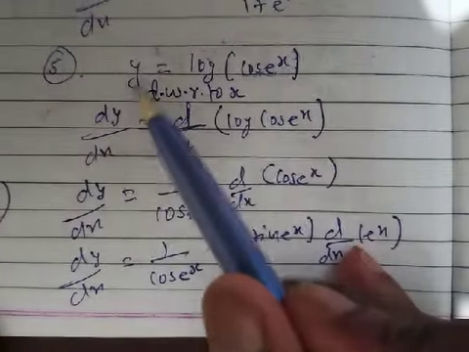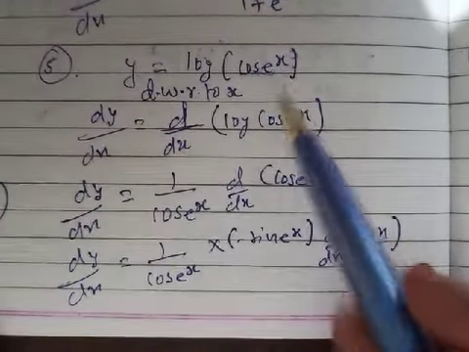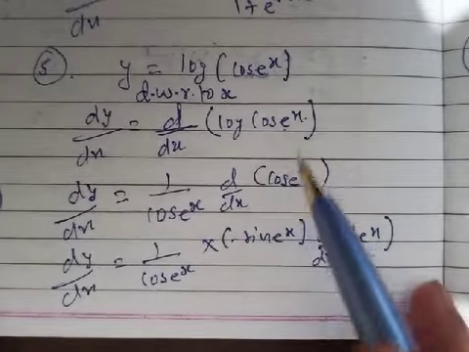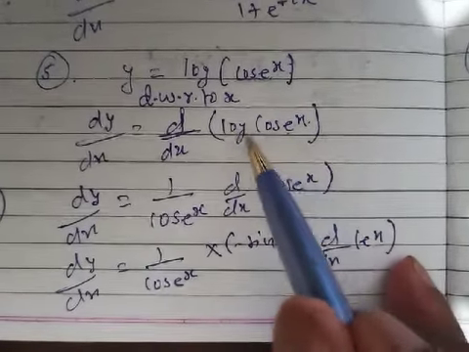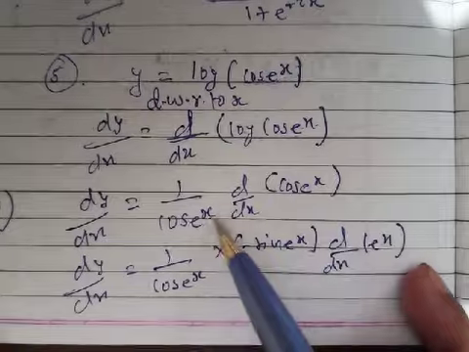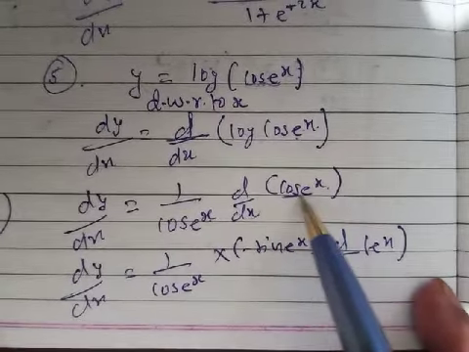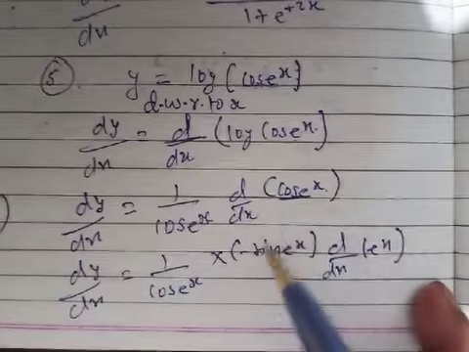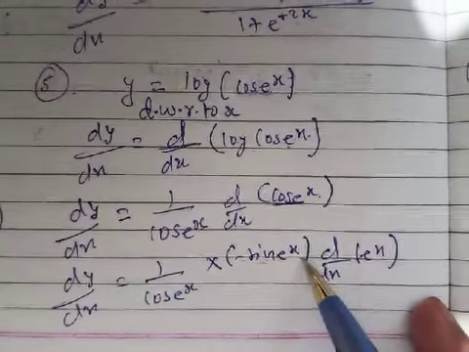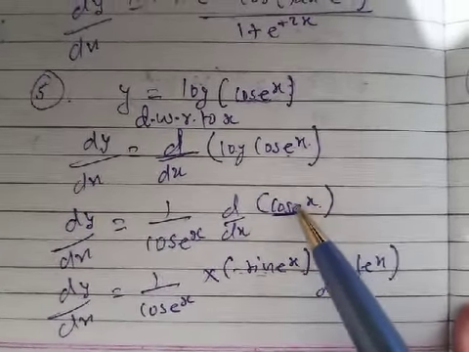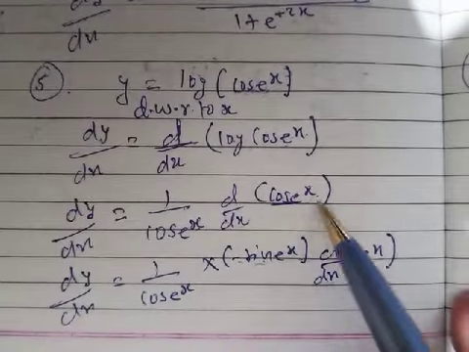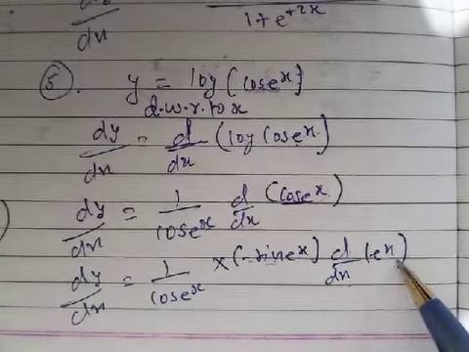So dy by dx is equal to d by dx of log cos e raised to x. That is 1 upon cos e raised to x, and the derivative of cos e raised to x with respect to the function cos. Cos gives minus sine, so minus sine e raised to x. Now is the time to take the derivative of e raised to x, which is e raised to x. So finally what do we get? dy by dx is equal to 1 upon cos e raised to x, minus sine e raised to x, and the derivative of e raised to x is e raised to x.